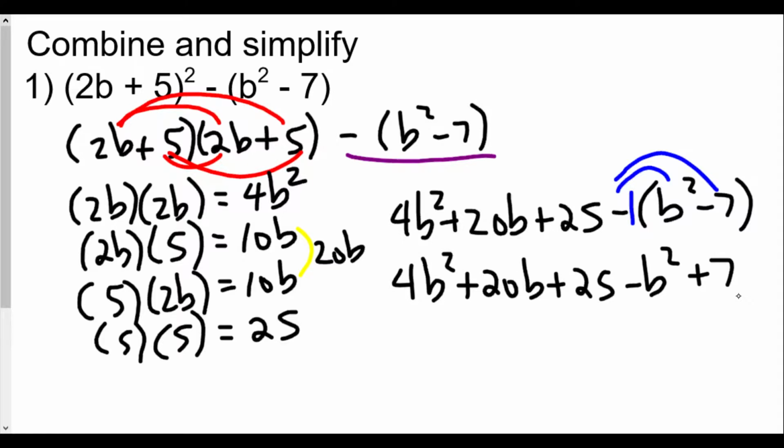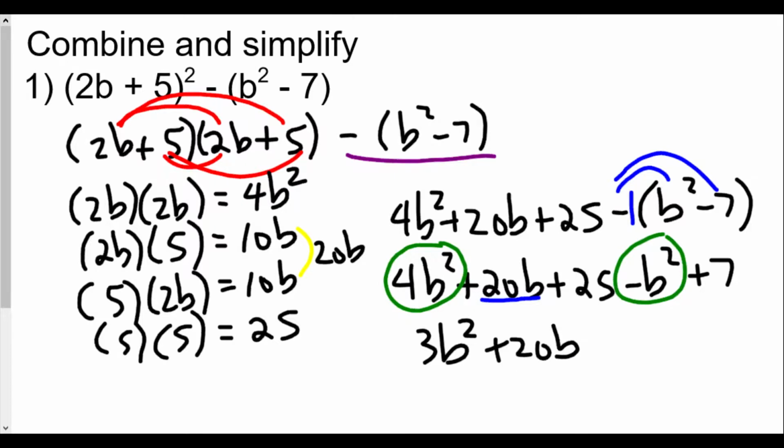Now we'll combine like terms. Remember, like terms have the same variable and the same exact exponent, which means we see a 4b squared and a -b squared. That -b squared is really -1b squared. So we would have here 4 minus 1 is 3b squared. There's only going to be one term with a b on it, so there'll be plus 20b.